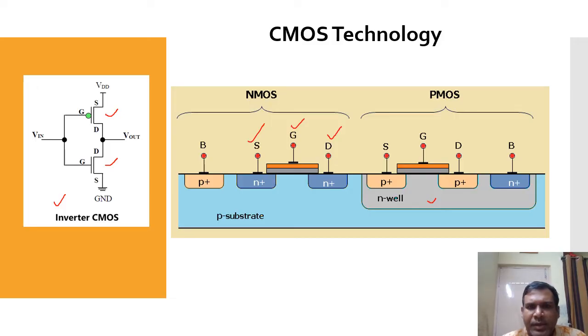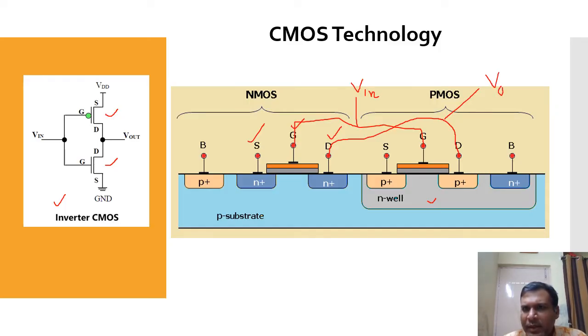Now the question is, in this structure, if we connect these two gate terminals by using a metal contact, then this terminal is known as the input terminal. And if we connect the two drain terminals, then we will get the output terminal.